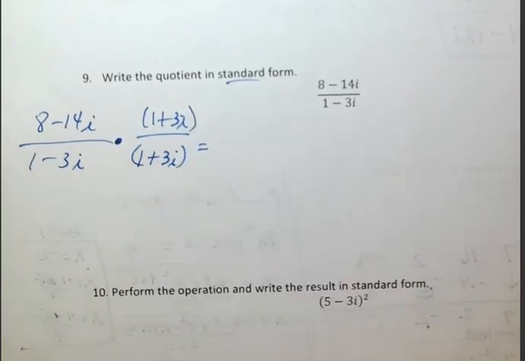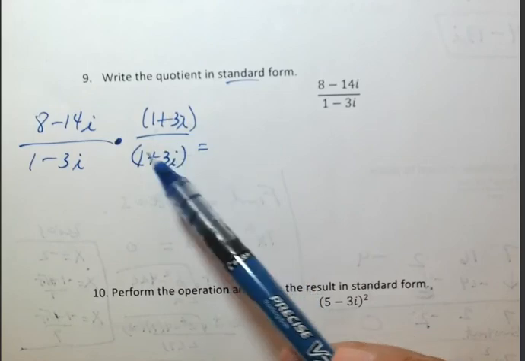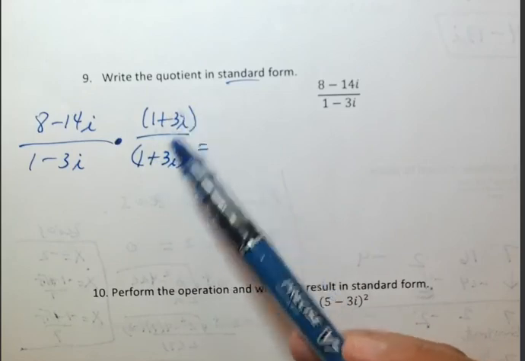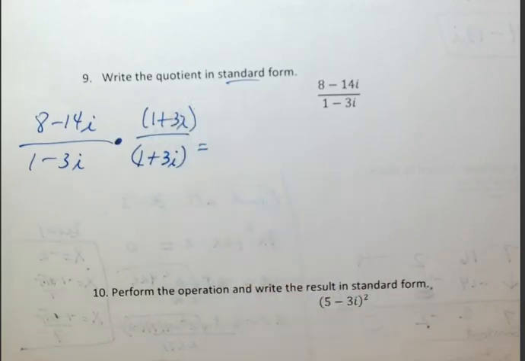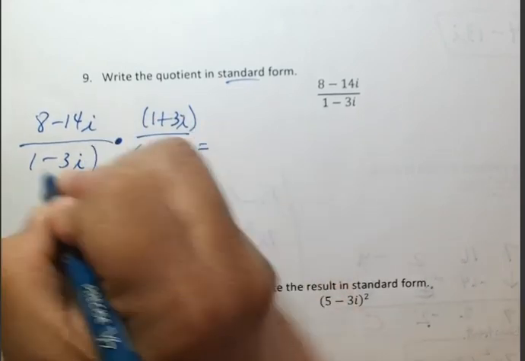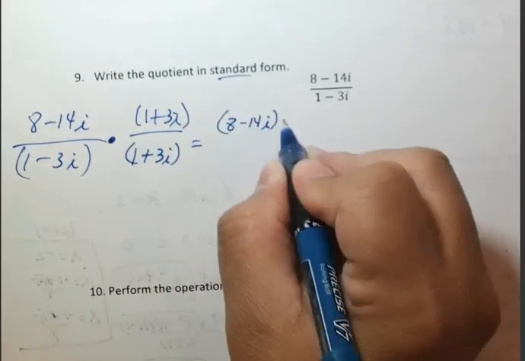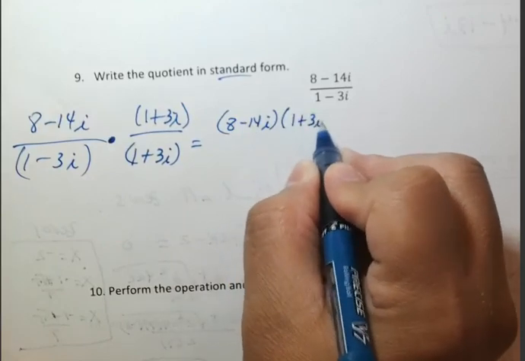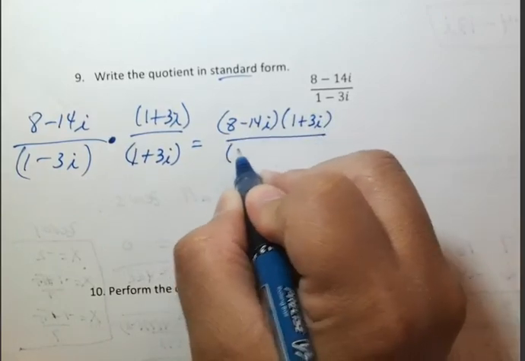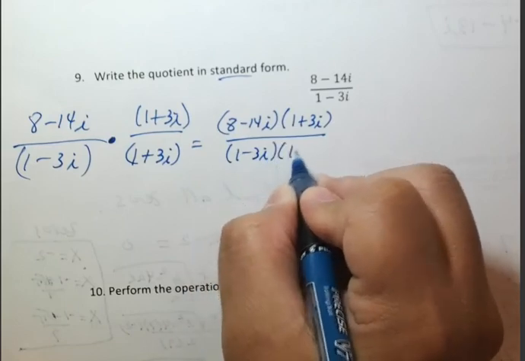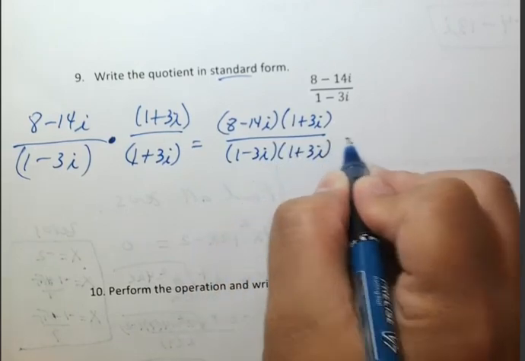And I can do this because I'm really multiplying by 1, right? This whole thing is just a 1. So this is 8 minus 14i times 1 plus 3i divided by 1 minus 3i times 1 plus 3i.